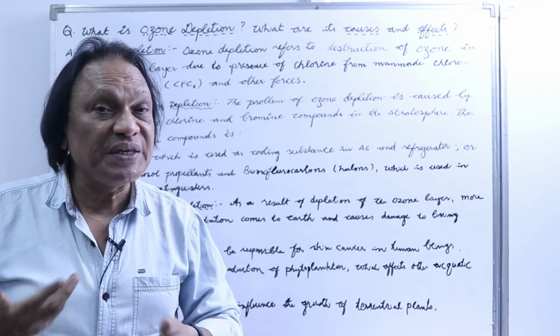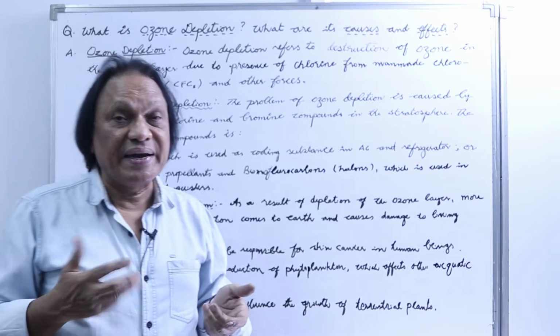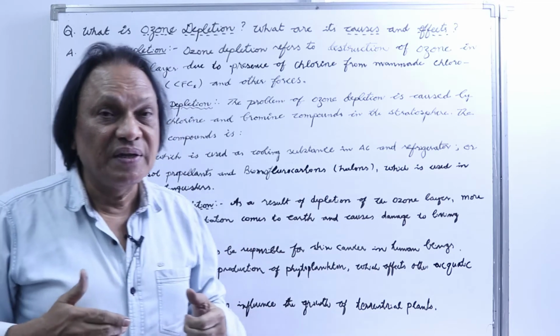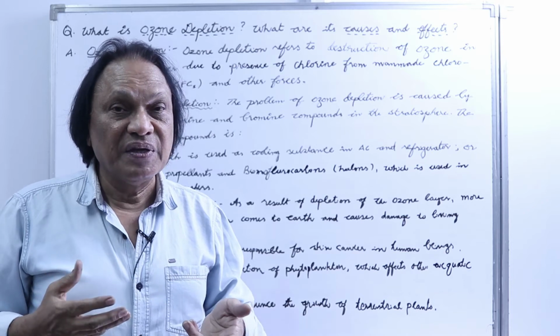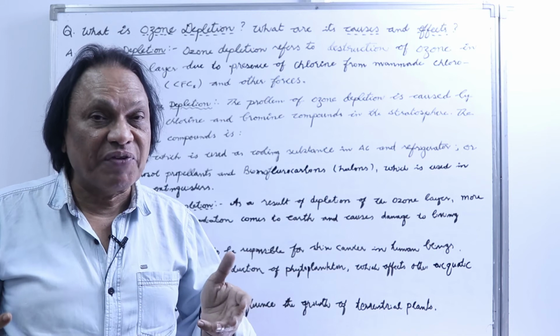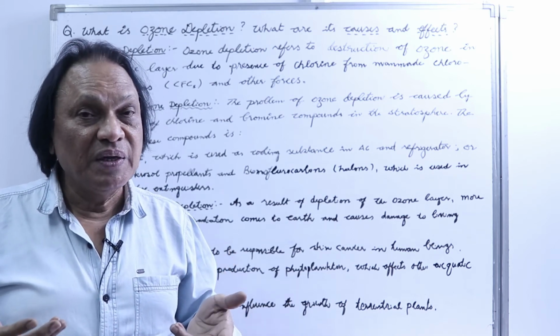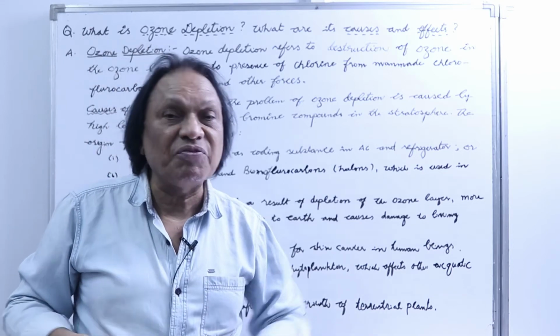When we use these modern, latest gadgets, we never give a thought that excessive use of these gadgets, which give you comfort of life, will be harmful for you. How are they harmful?